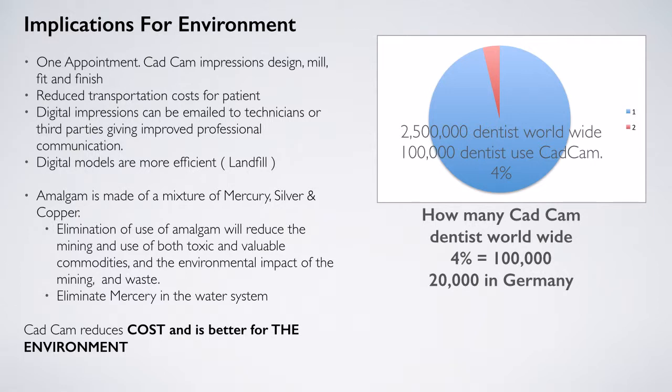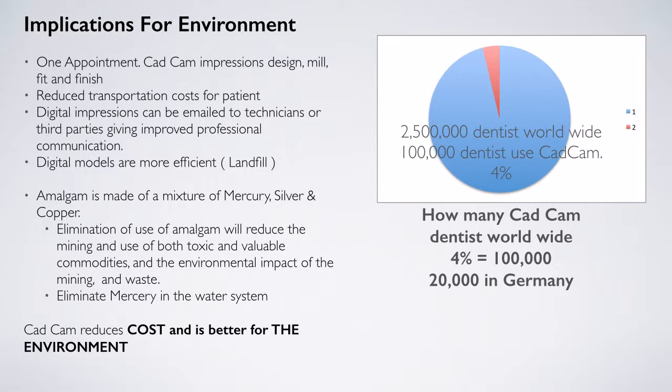He could do that, or she could do that, and it would definitely reduce the environmental impact, as the digital models are more efficient, and also you don't have to look at landfill for the models themselves. The old model was made of a kind of concrete, and they would go into landfill.